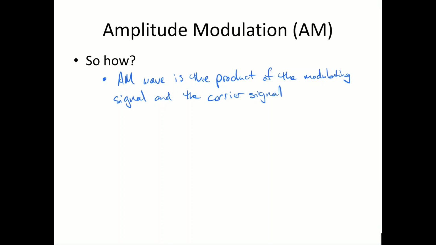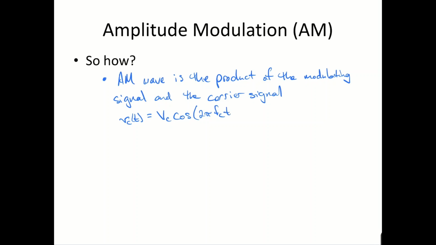So if you look back to the previous slide, you'll see that V_c of t, our carrier signal, has a form of capital V sub c cosine 2 pi f sub c t.